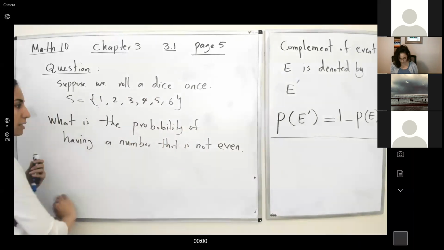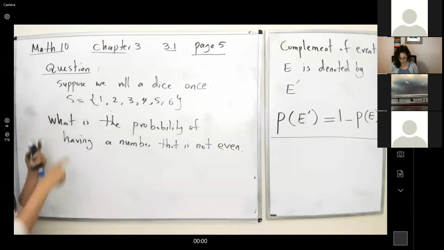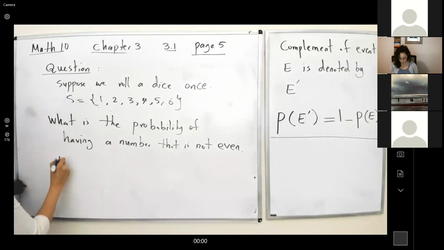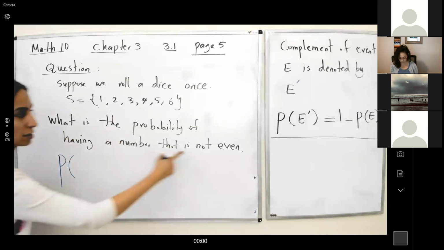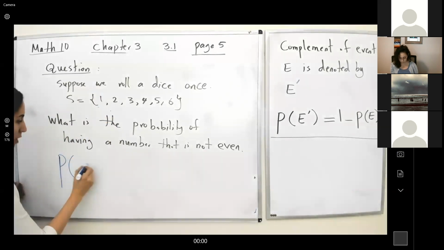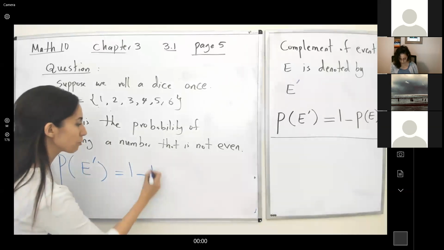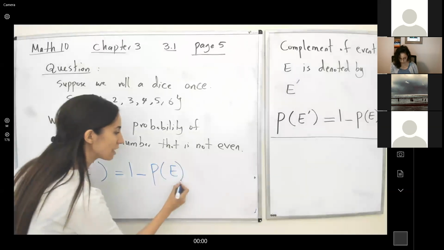So you can say that here in this example, it says, what is the probability of having a number that is not even? So the probability of not even equals 1 minus the probability of having an even number.